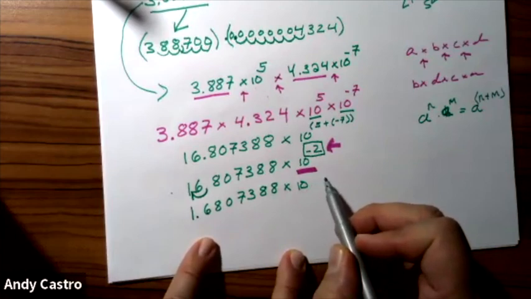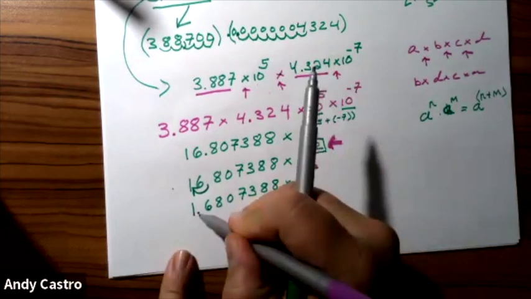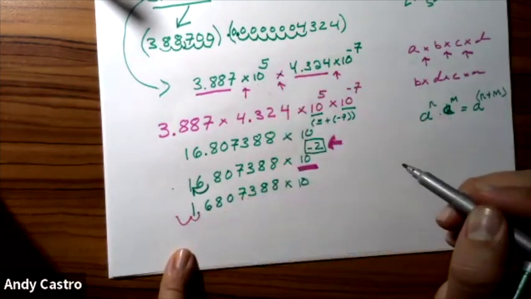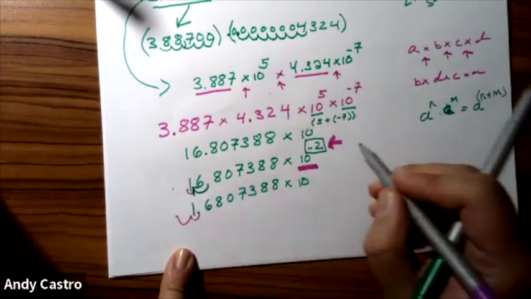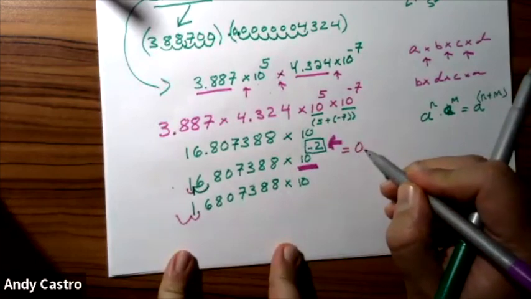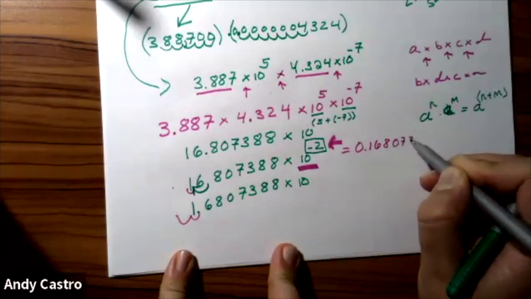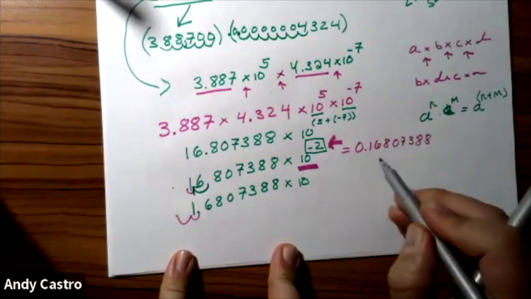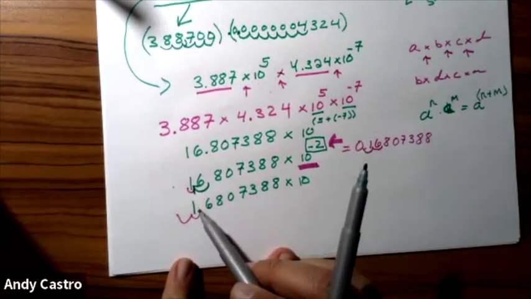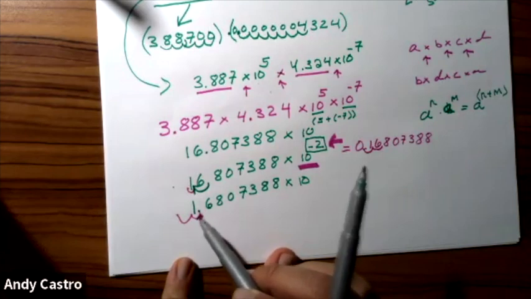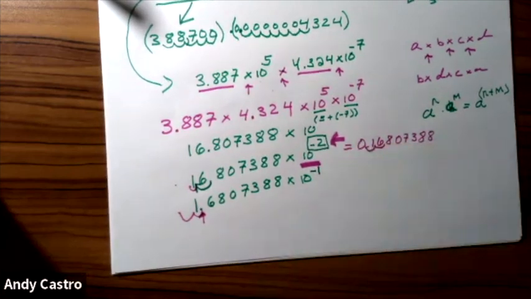It can't be -2 anymore because we're not moving this 2 to the left, right? Here was our original number. And if I move it 2 to the left, that gives me 0.1680738. It moved 2 to the left. So if I move it 1 to the left, and now here is my decimal point, that means that I need to put a -1 here. Why?